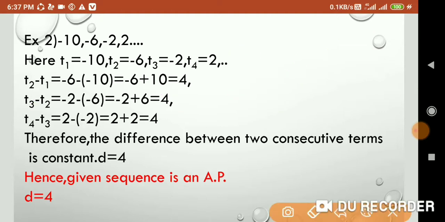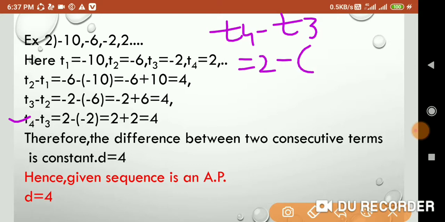Then observe the third one, that means T4 minus T3. Now what is the value of T4? T4 is equal to 2 minus value of T3 which is minus, therefore it is written down inside the bracket. Value of T3 is equal to minus 2. Here 2 minus minus becomes plus 2.